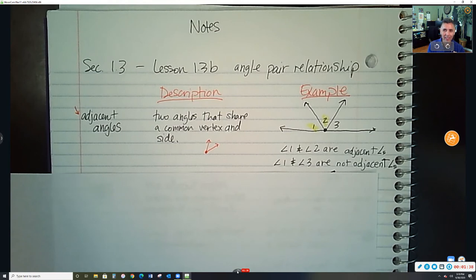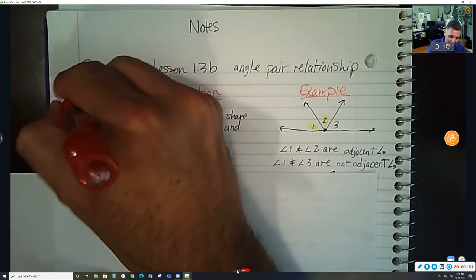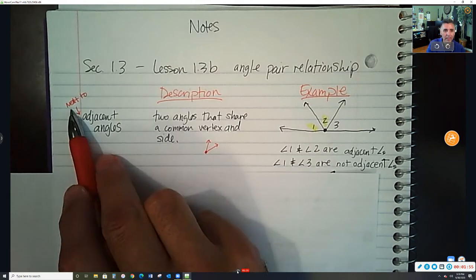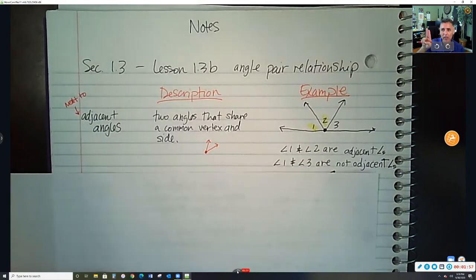I would think of my next door neighbor, he lives adjacent to me. 2 guys away from me, that's not my neighbor, and he's not next to me. He's not adjacent to me. So, next to. Angles that are pretty much right next to each other.